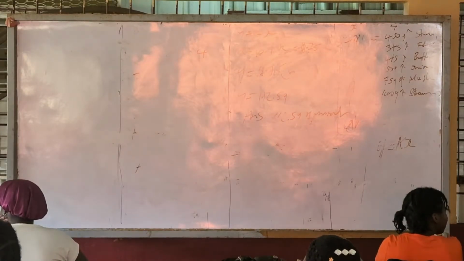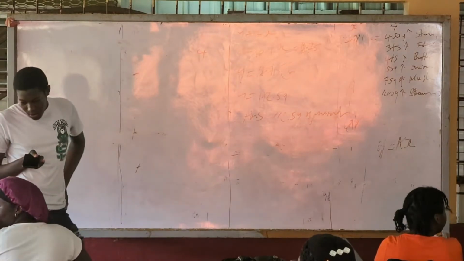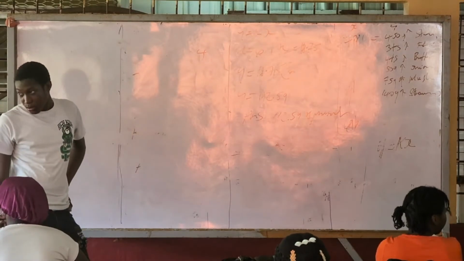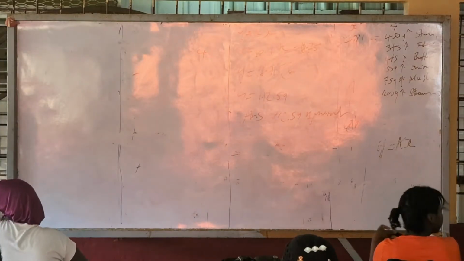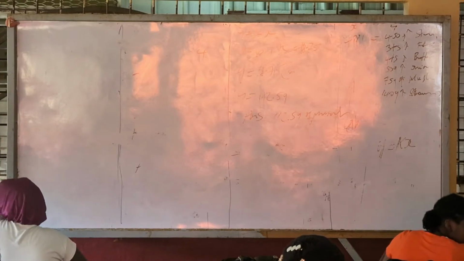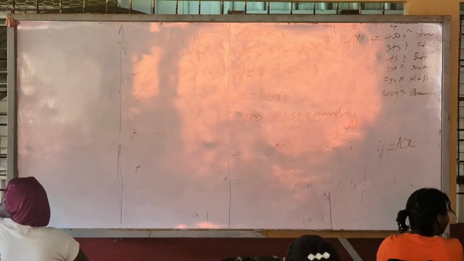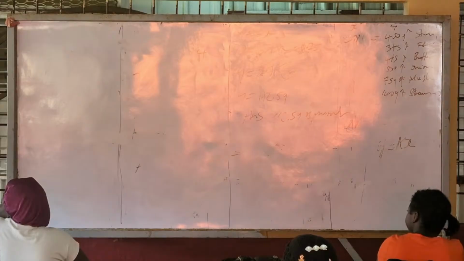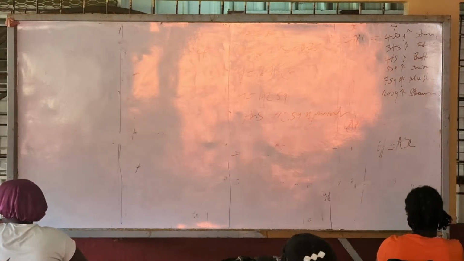So that means that y equal kx implies y equal 35 bracket 6. Do you understand that? 35 times 6, how much? 210.